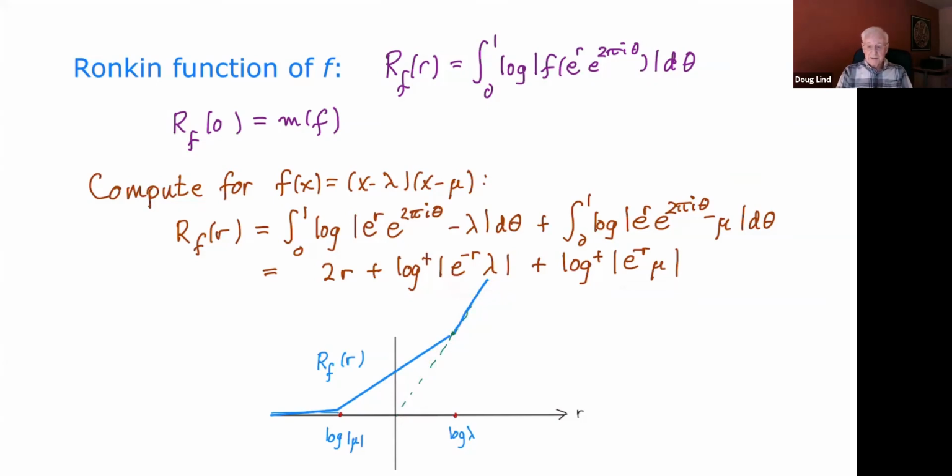But lambda times mu is 1 in absolute value, so you'll just get 0. In other words, for r large negative, here you'll just get 0. And in between, one of these takes over, but the other doesn't, and you'll get a line of slope 1. And that's the Ronkin function of this particular polynomial.